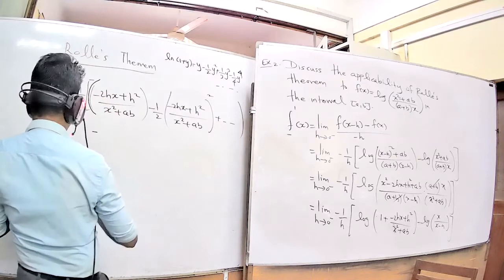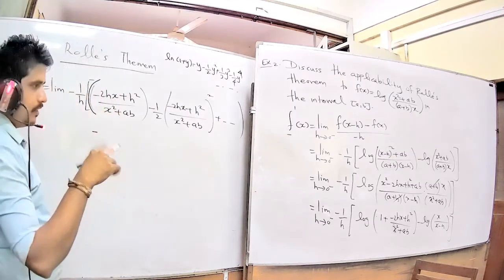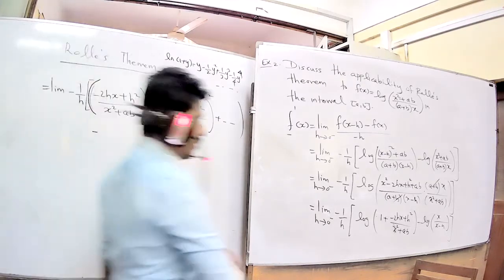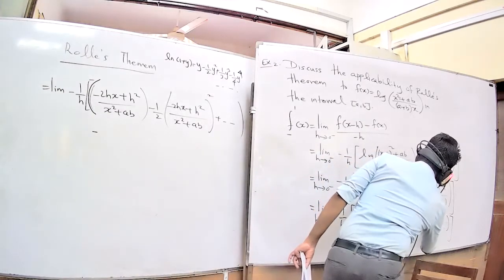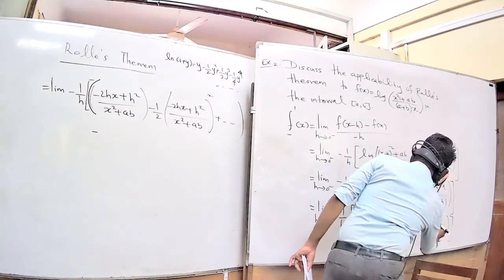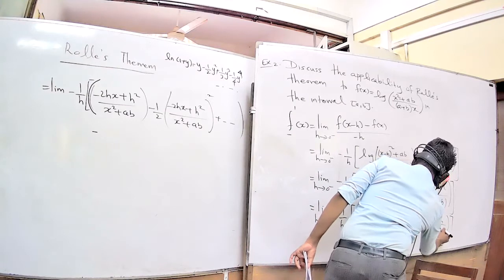Suppose you add plus h and minus h, you can simplify this. You will write here 1 plus h over x minus h.